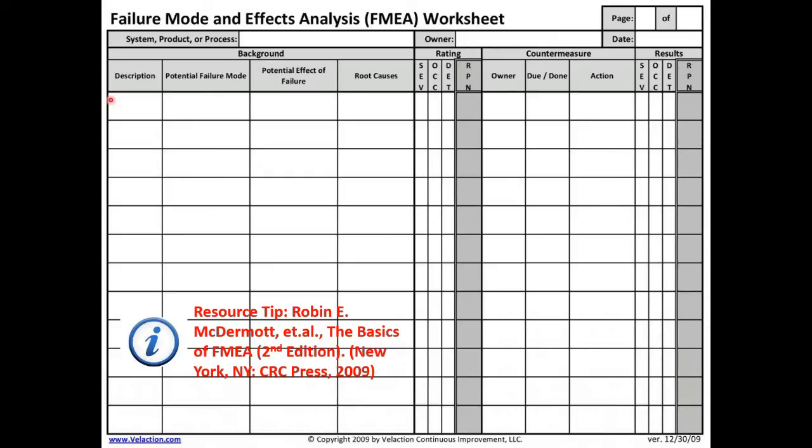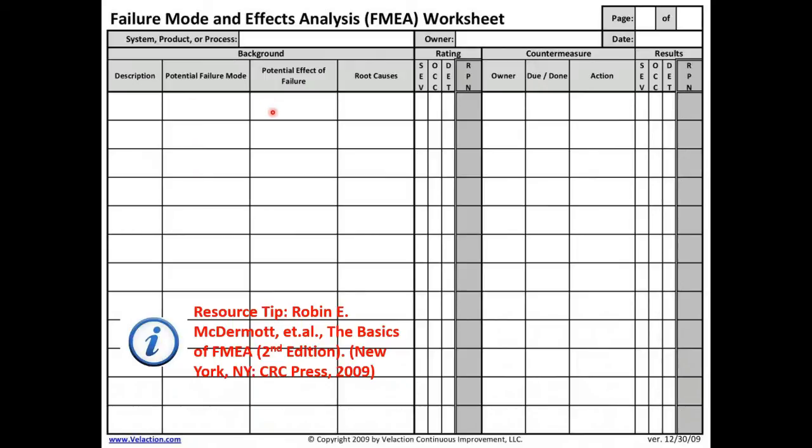For instance, a description might be a wiring harness within the new product, and you brainstorm all the potential failure modes for that wire harness. For instance, there might be a bad solder joint, or a crimp in the wire, or you could brainstorm all different types of modes of failure for that wire harness.